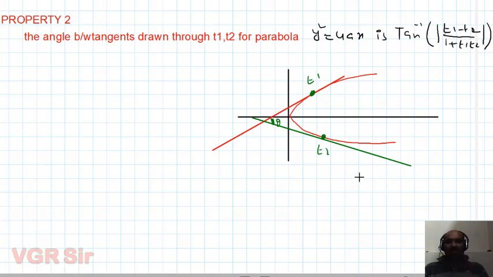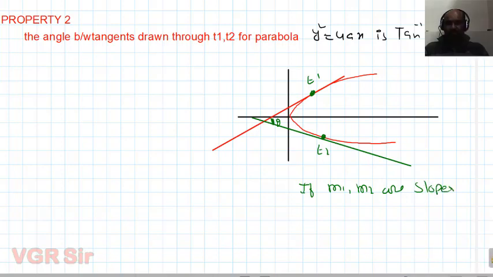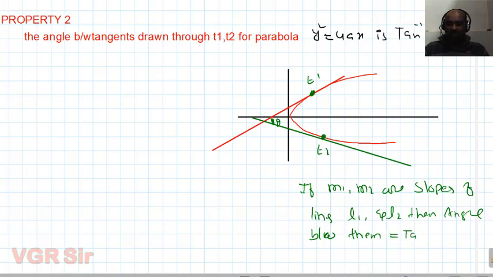The concept required here: if m1, m2 are slopes of lines L1 and L2, then the angle between them equals tan inverse of (m1 minus m2) by (1 plus m1 m2).